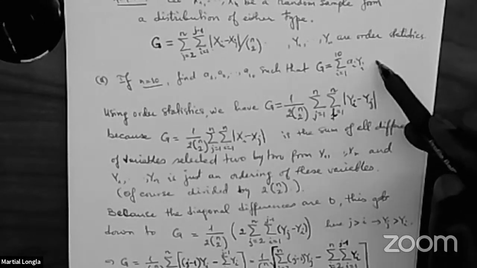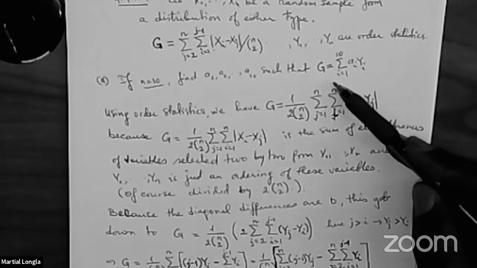It's all those same yi's given in a certain order, in ascending order, y1 less than y2 less than y3 and so on. So when we are adding all these things, it makes sense to think that in the end, it might be a linear function of the order statistics. And the question is, first of all, you need to prove that this is possible, and in proving it, find out what the ai's are.